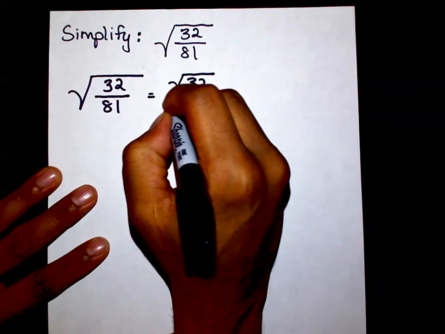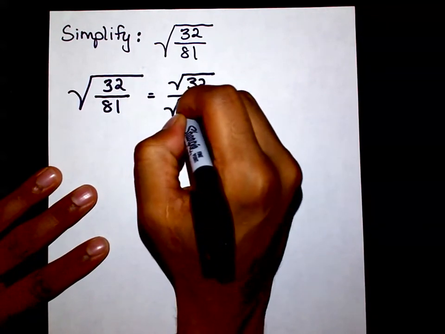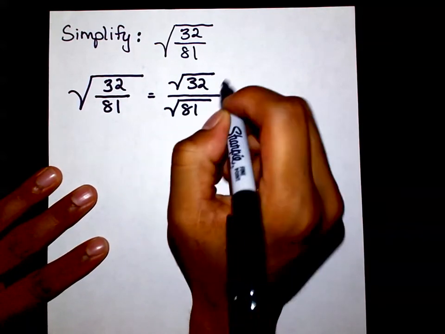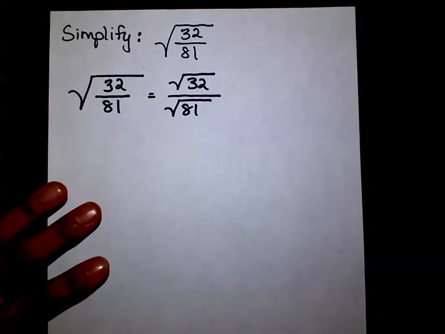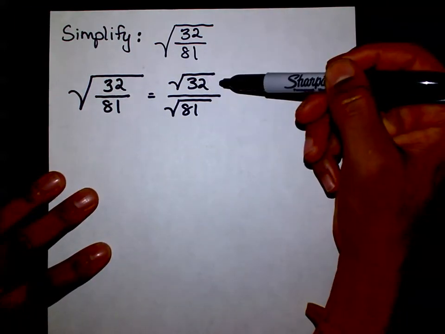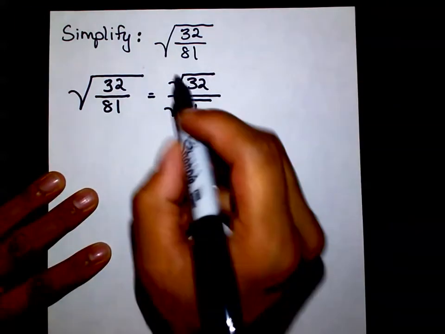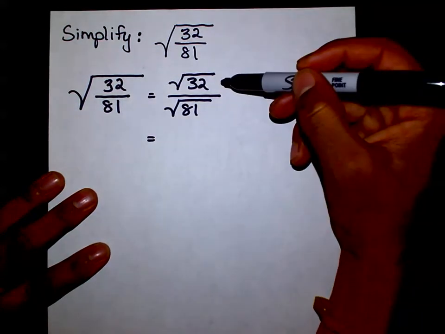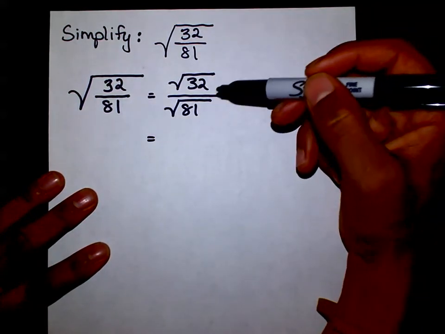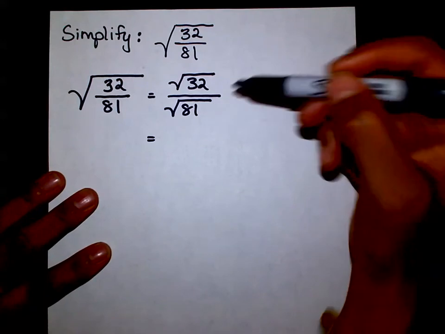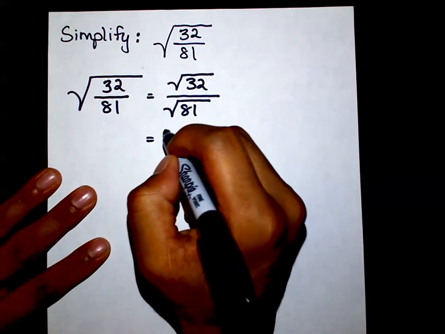32, 81, and now I'm going to go ahead and start my process of breaking down my 32 and breaking down my 81. First two things that come to my mind, 8 and 4 for 32, and 9 and 9 for 81. So that's what I'm going to do.